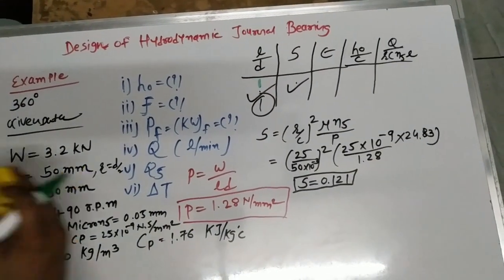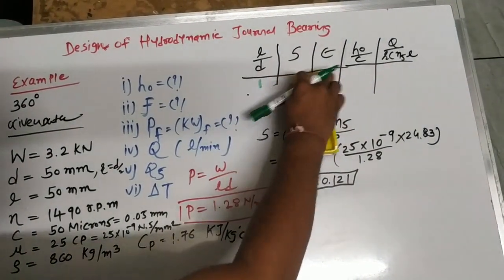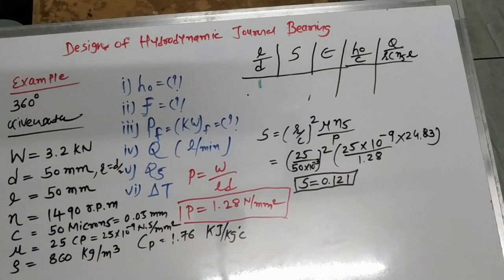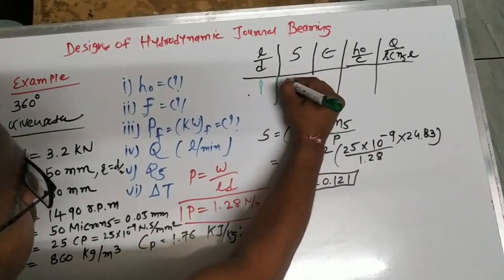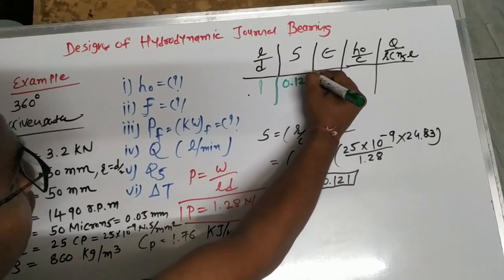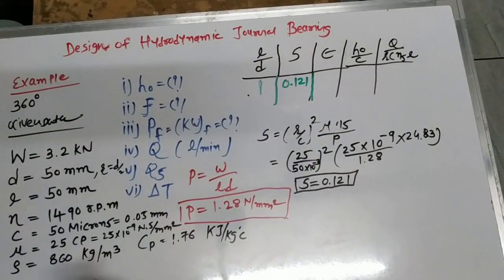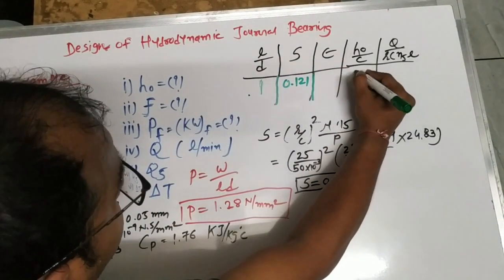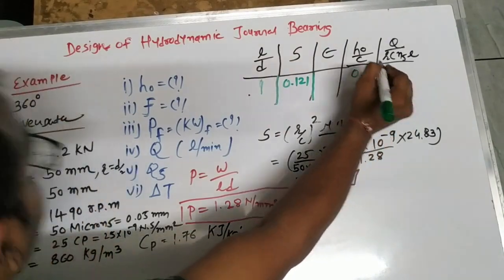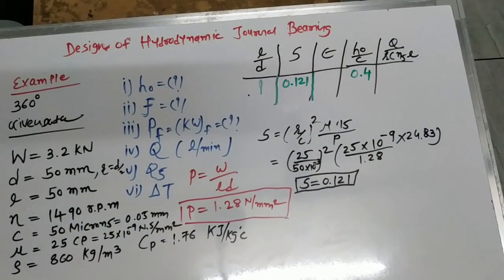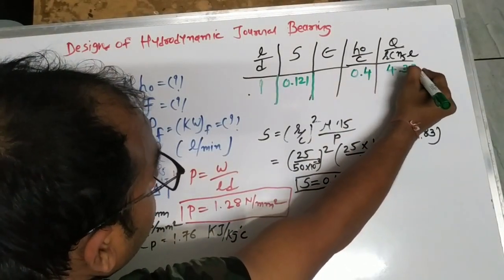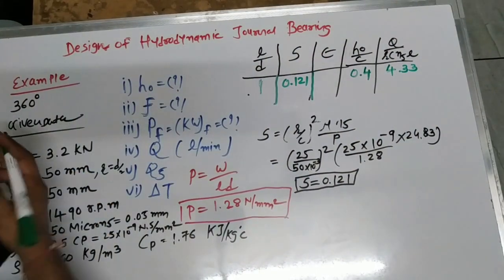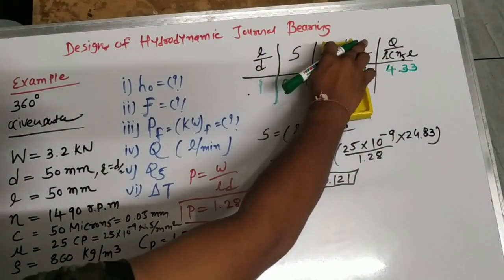Let me write the other data so we can utilize it in the example itself, right? Okay, so that is 1. The Sommerfeld number we have found out is 0.121, right? Then we have H0 by C, that is 0.4. After that we have one more parameter, Q upon RC NSL, that is 4.33, right? Then we have one more parameter, that is side leakage.